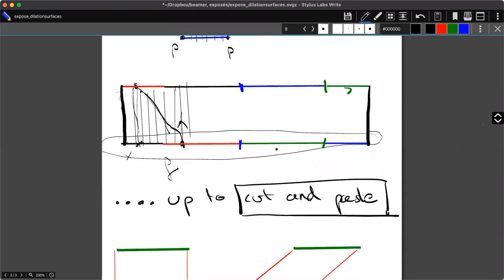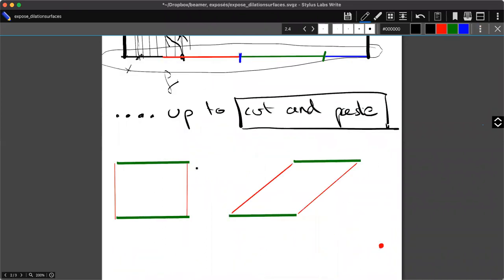Maybe I should say a couple of words on these cut and paste operations. Here, this is the very flat torus, and the foliation is simply this one. The first return map in this case is the identity. We haven't done anything, but it's actually exactly the same here.